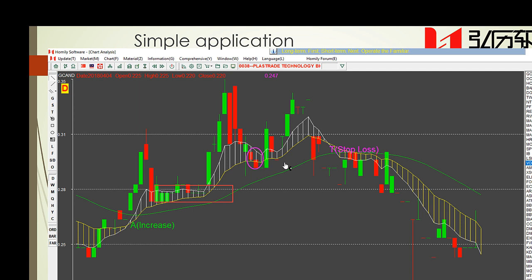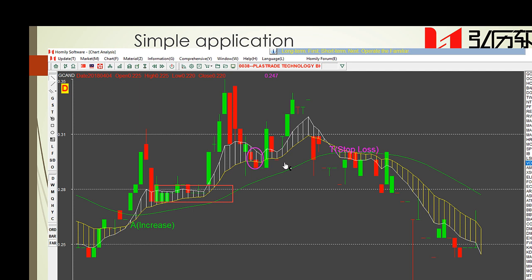Different from here. So here we should know if the price cannot stand above the white band, it will be difficult to push up again. Yes, but this time it stands above the white band again. So this is another buy point.